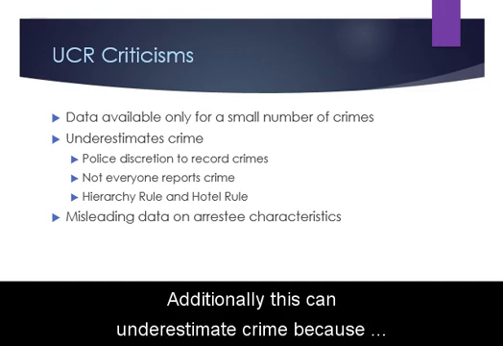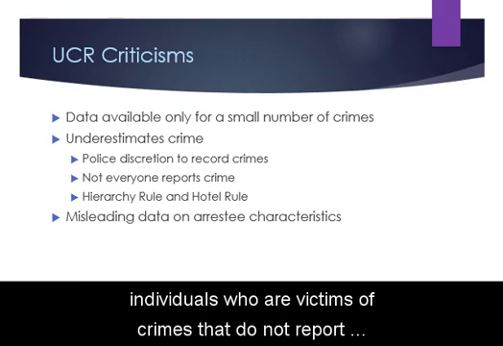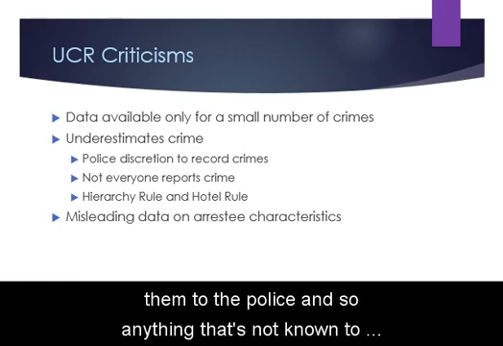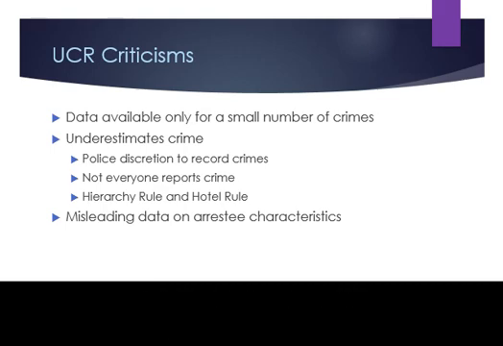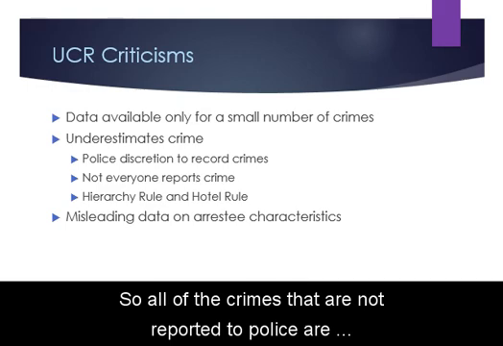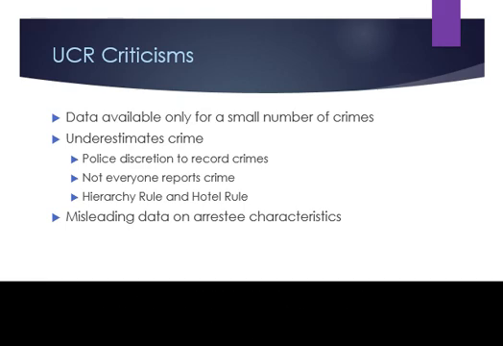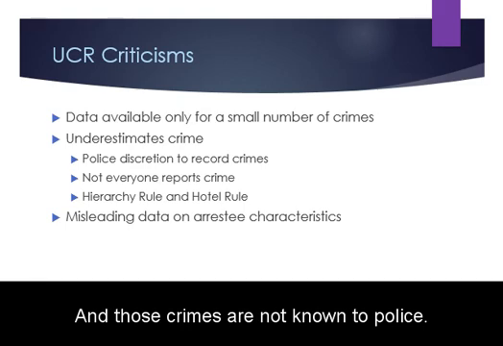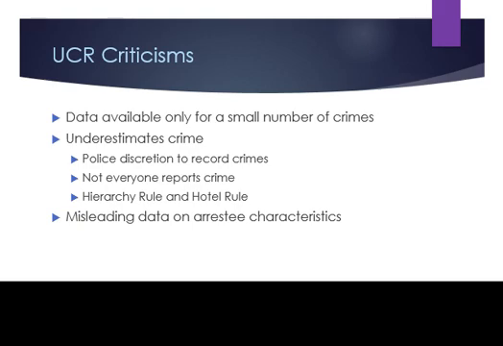Additionally, the UCR can underestimate crime because not everyone reports crimes. There are plenty of individuals who are victims of crimes that do not report them to the police. And so anything that's not known to police is not included in the UCR. All of the crimes that are not reported to police are considered to be the quote-unquote dark figure of crime, and those crimes are not known to police, so they are not included in the UCR.